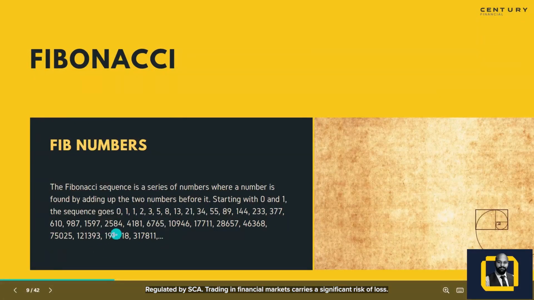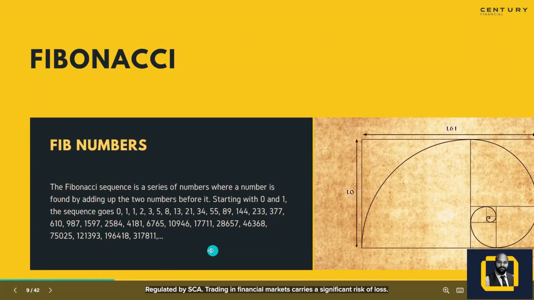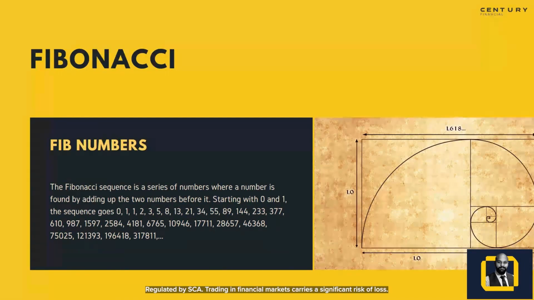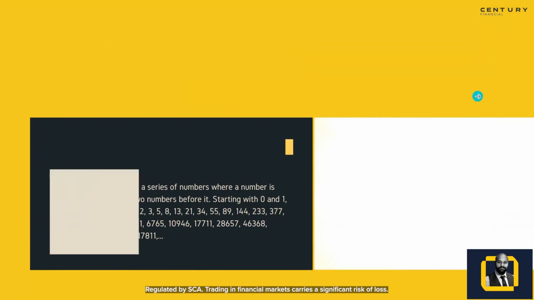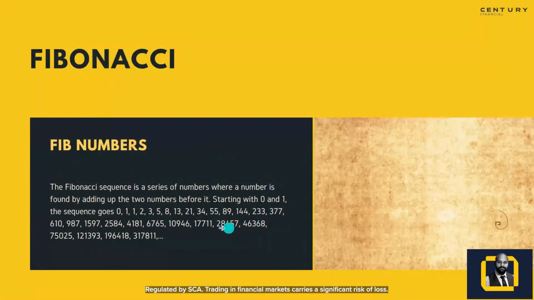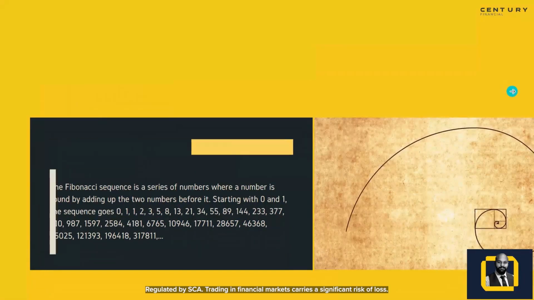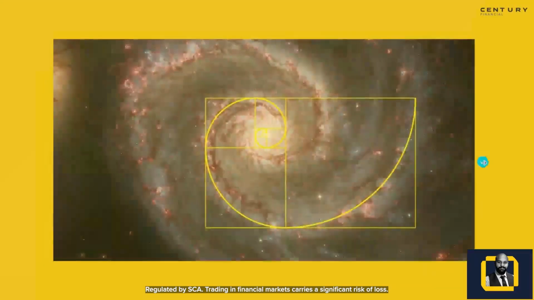You can also do it with bigger numbers. You can take 196,418 divided by 317,811, which will again give you 61.8. I think most of you are getting it. All right. So the golden ratio is basically any number divided by the next number, which gets you 61.8. And hence the name golden ratio was given to 61.8.